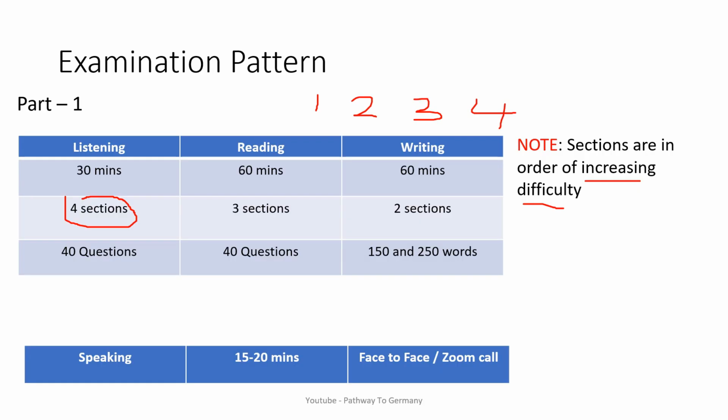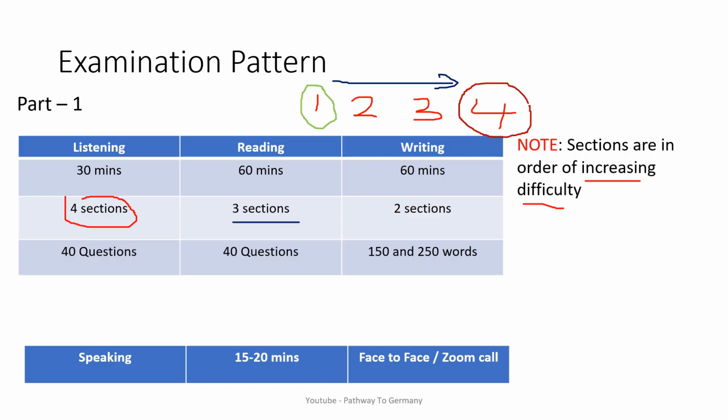The first section is the easiest one, and the fourth section is the toughest. It is in the increasing order of difficulty. So the first one is easy, the second one is a little tougher, the third one is even tougher, and the fourth one is the hardest one. Even for reading, the pattern is the same.